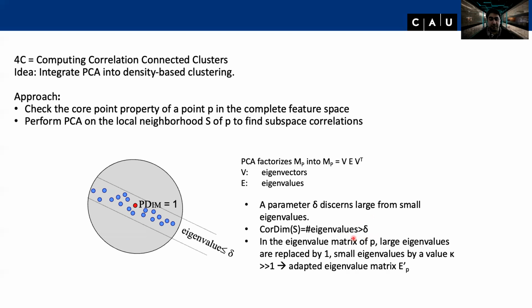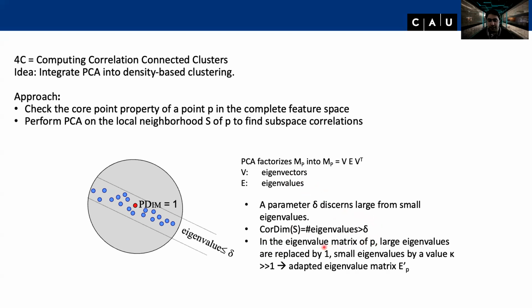If it's greater than delta, then we have the definition of our correlation dimensionality of this neighborhood. In the eigenvalue matrix E, we perform a modification, and we shall see within the next slides what these modifications are good for.